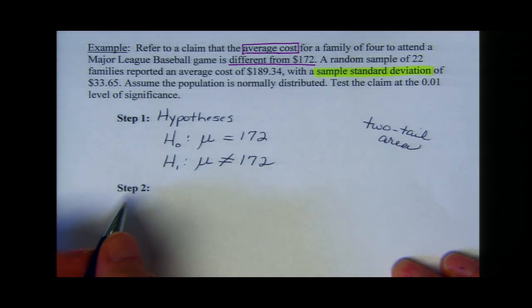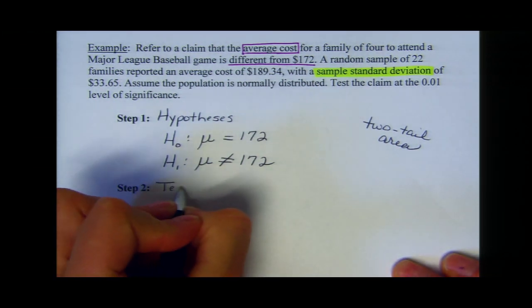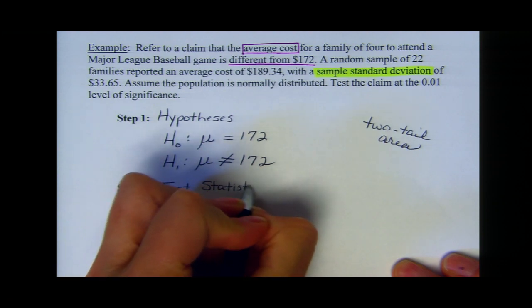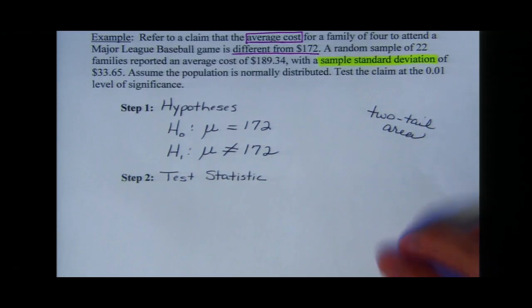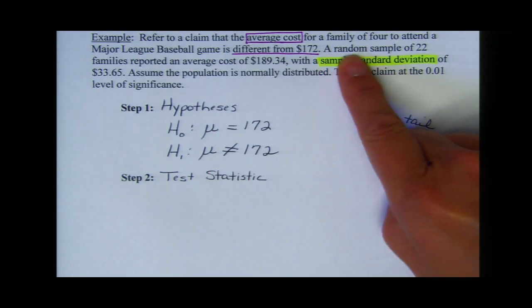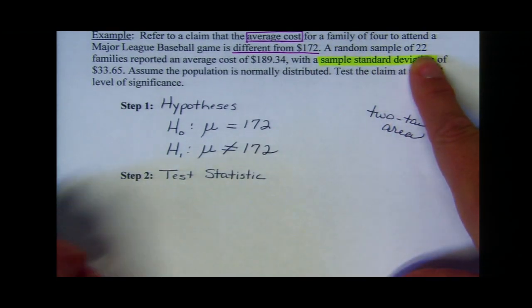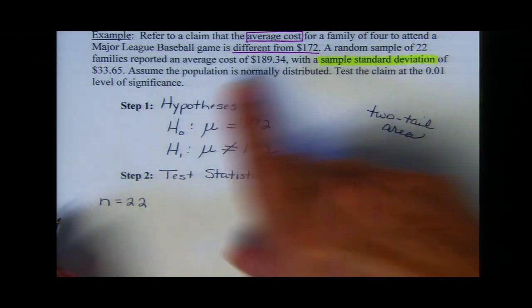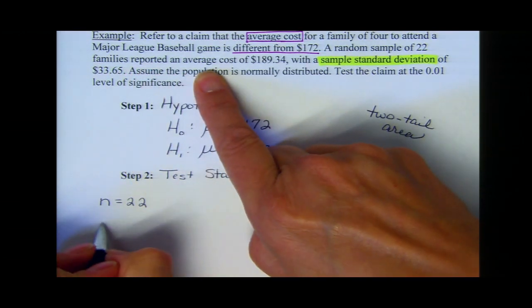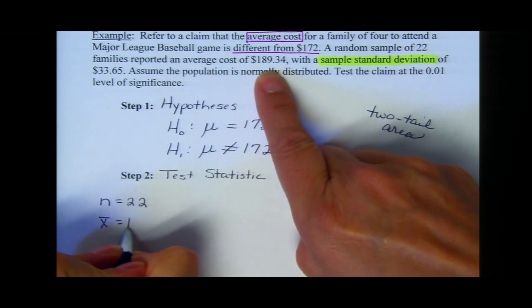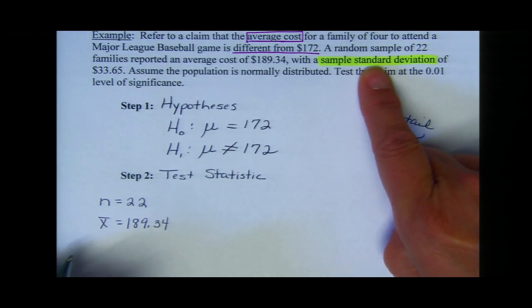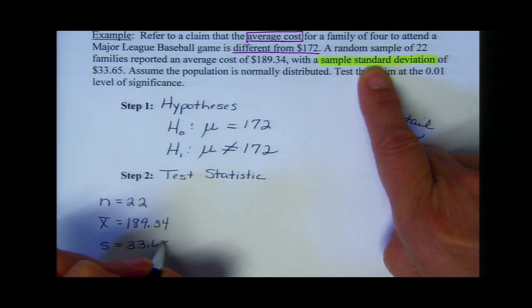Okay, so down here in step 2, my test statistic. I know mu is equal to 172. It tells me a random sample of 22, so that tells me n is equal to 22. And those 22 families had an average, or an x-bar, of 189.34 and a sample standard deviation, so this is S, of 33.65.